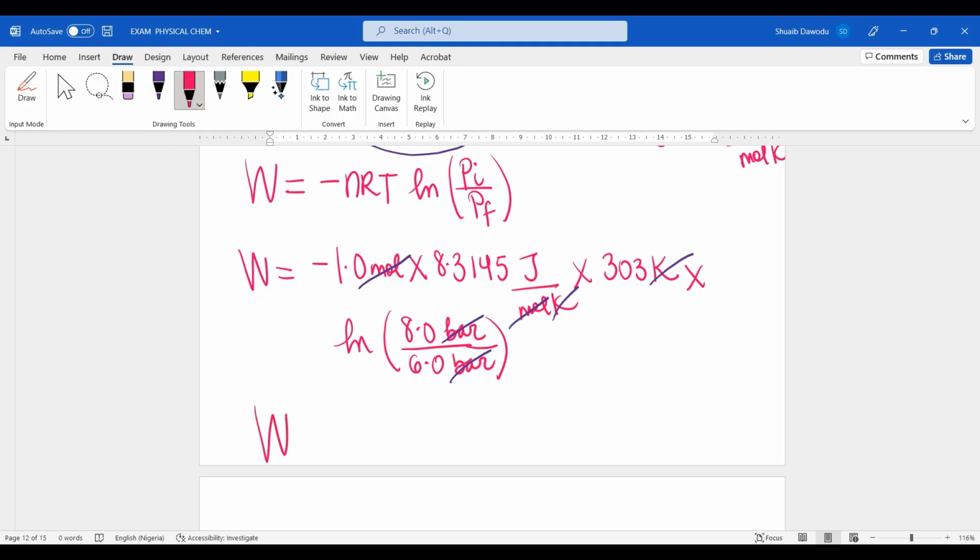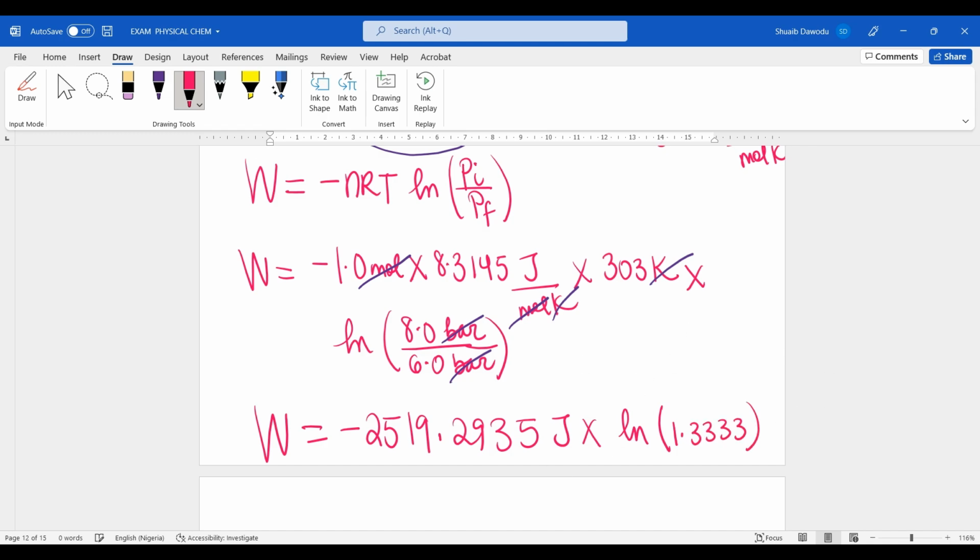So anyways, work done is now going to be negative 1 times 8.3145 times 303, which is the same thing as negative 2519.2935 joules, times ln of 8.0 divided by 6.0, which is simply 1.3333.